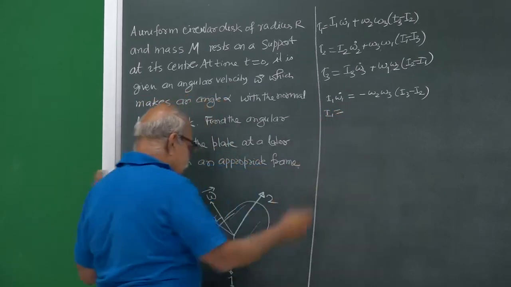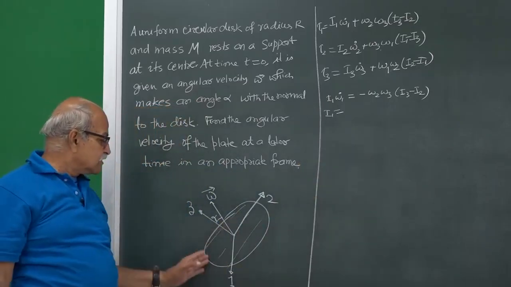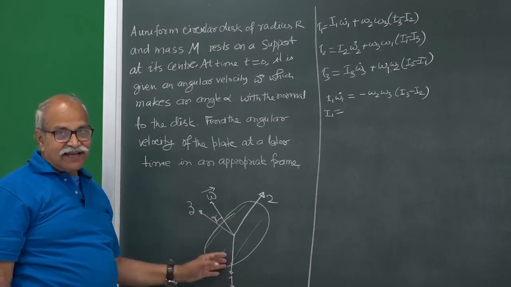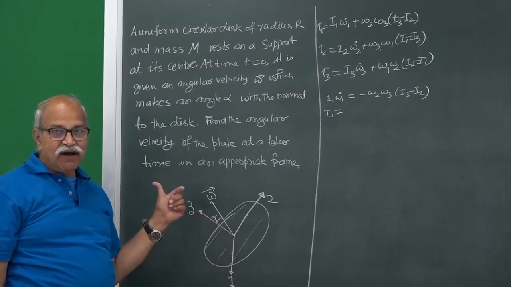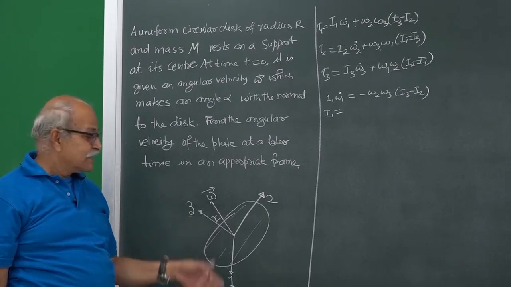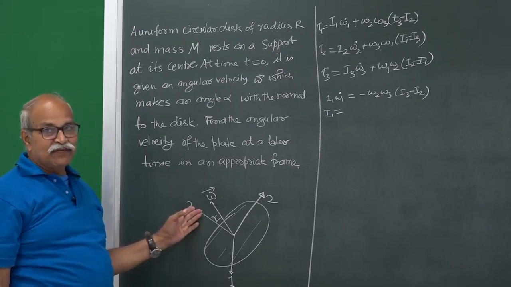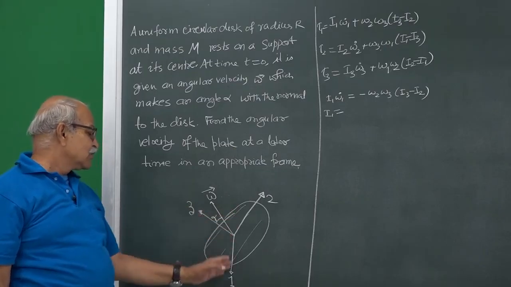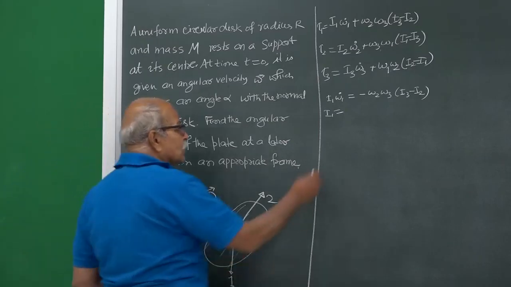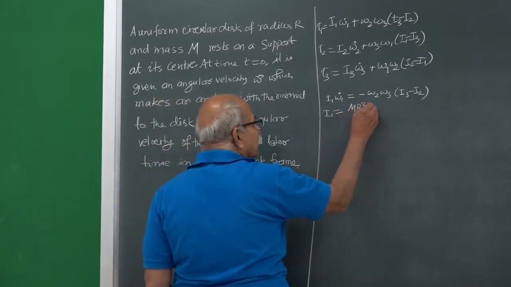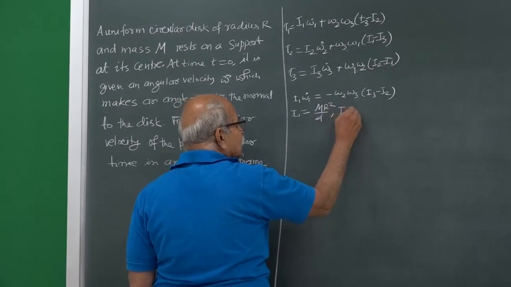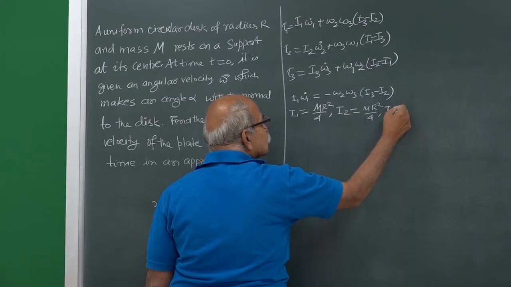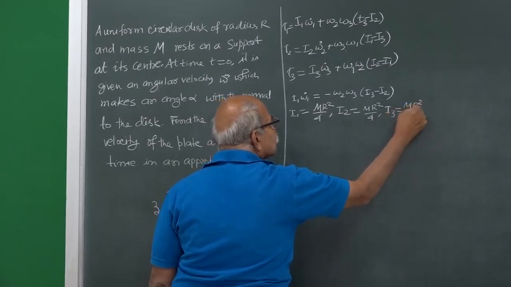What is I1? I1 is the moment of inertia of this disc about this one axis, which is a diameter, and it should be mr square by 4, correct. About this normal, it is mr square by 2, and then these two are equal and they add to this one. So, this should be mr square by 4. So, I1 is mr square by 4, I2 is also mr square by 4, and I3 is mr square by 2.